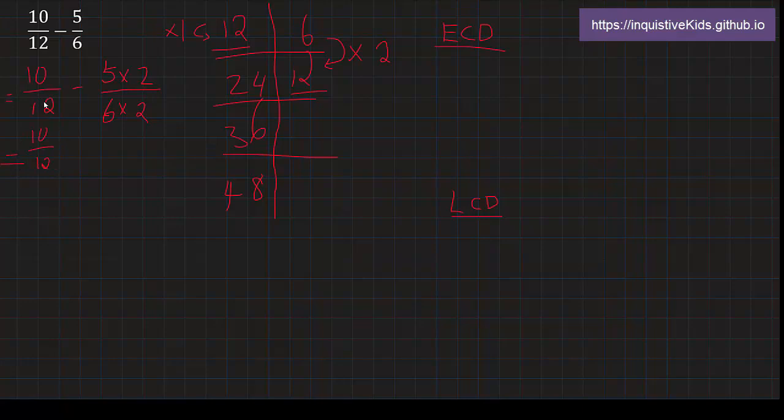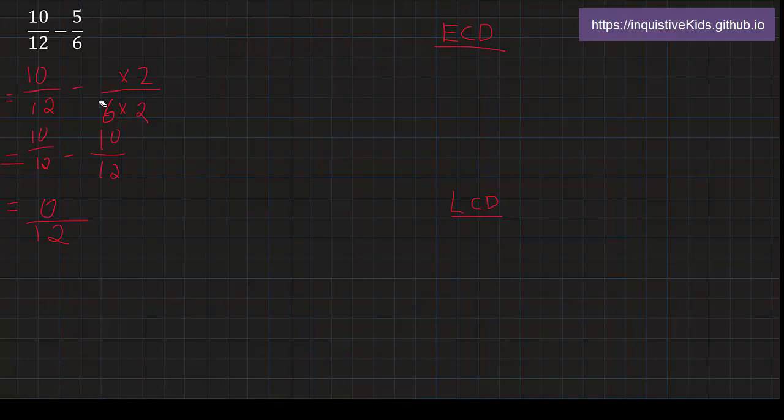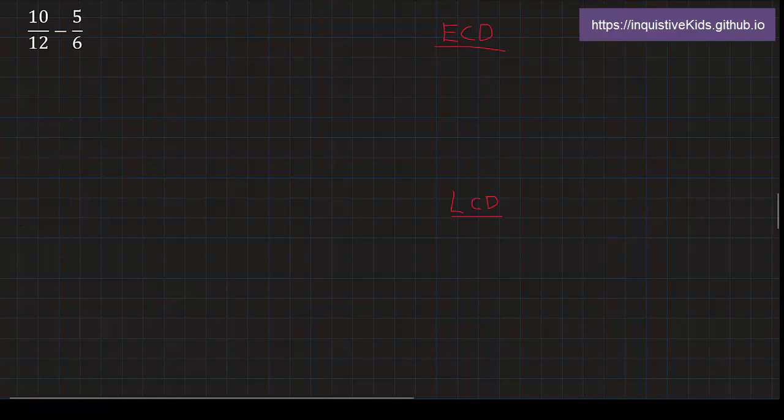It's equal to 10/12 minus 10/12. 10/12 minus 10/12 is equal to 0, or 0/12. But after looking at these two procedures, you might also have noticed one other way to solve this problem.